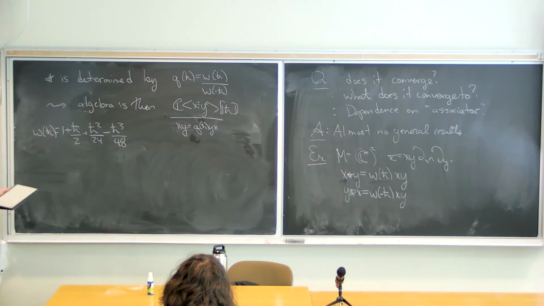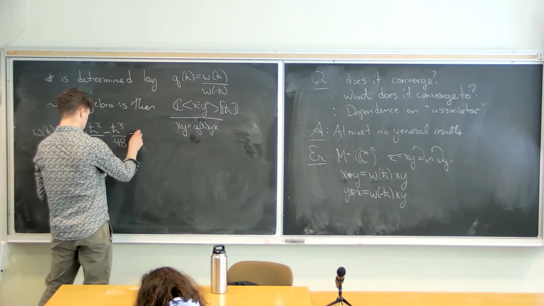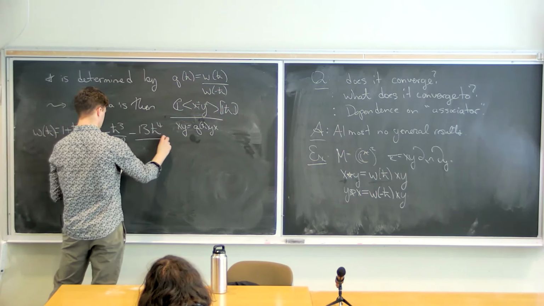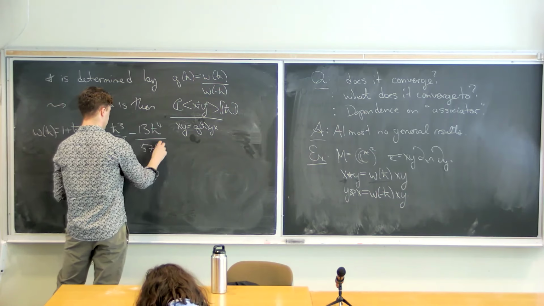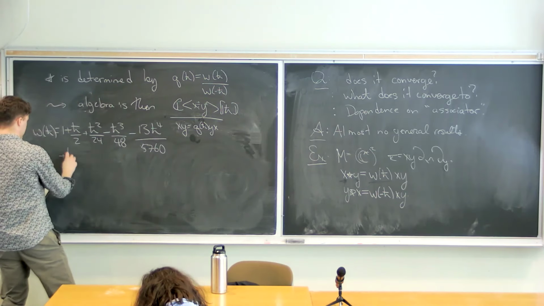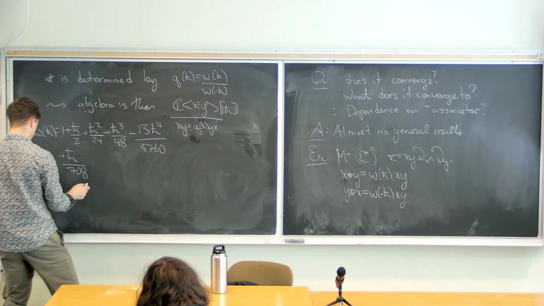But when we compute this W of h bar, we get the following. Sorry for writing actual numbers. Okay, so at order 4, it's this. Maybe you could do this by hand if you were dedicated. Probably wouldn't want to.